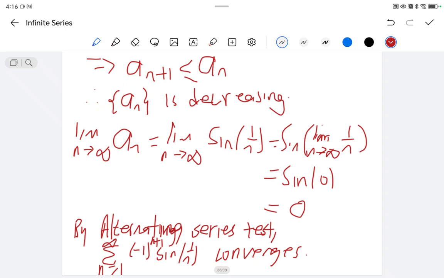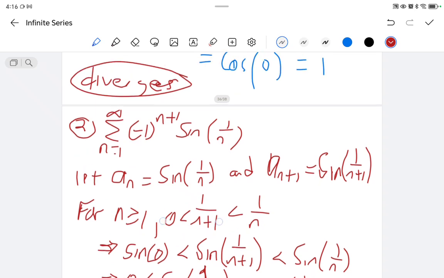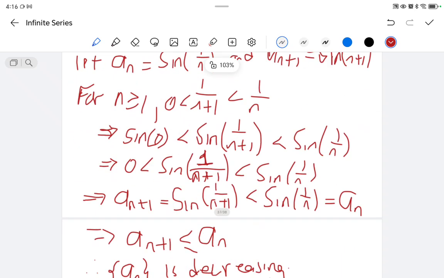Then we are done with the alternating test. That is as simple as that. It's simple for us to solve this. So now we can go to the ratio test. I want us to go to the ratio test.